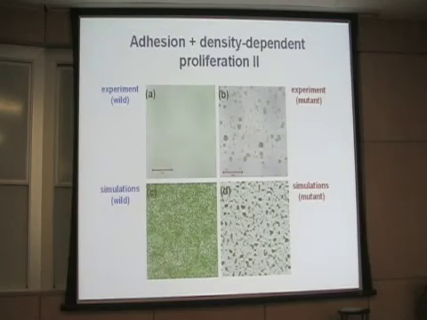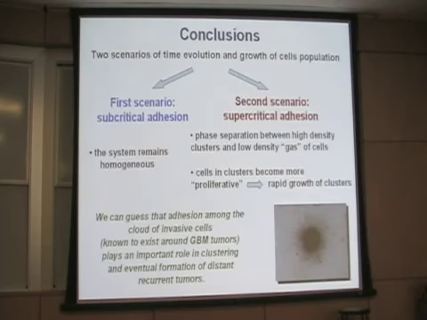So you can find parameters both for wild type cells which remain homogeneous and mutant type cells which cluster. In conclusion, I would like to say that there are two scenarios for time evolution and growth of a cell population. If the adhesion is relatively small, the system remains homogeneous.